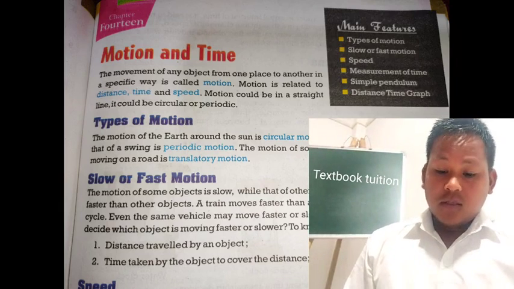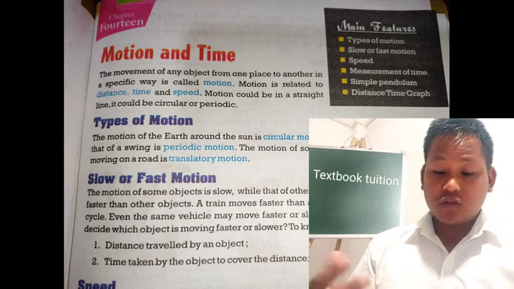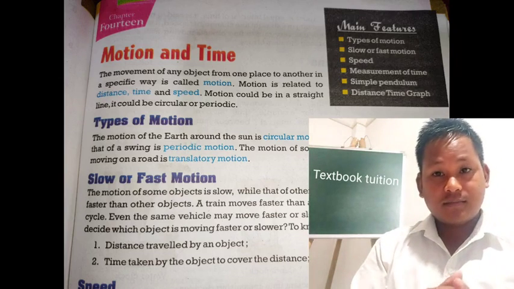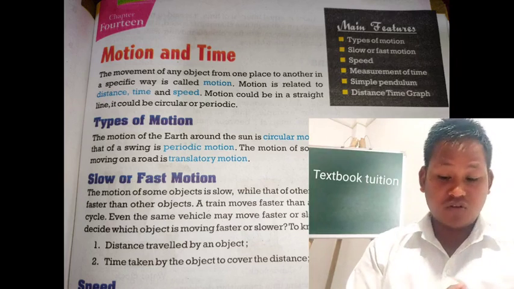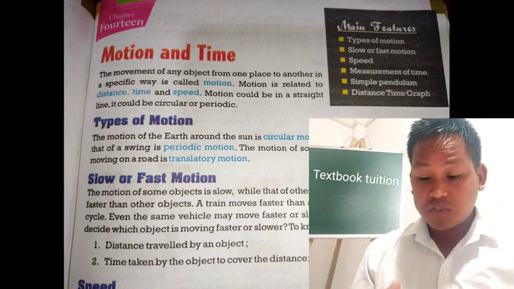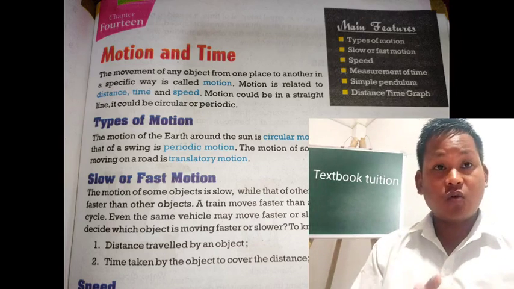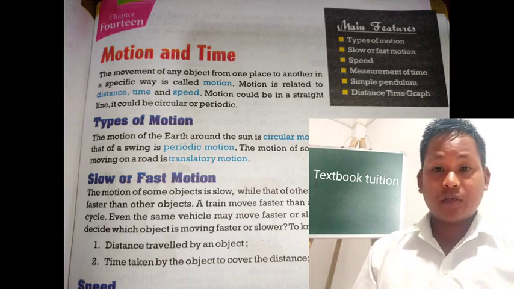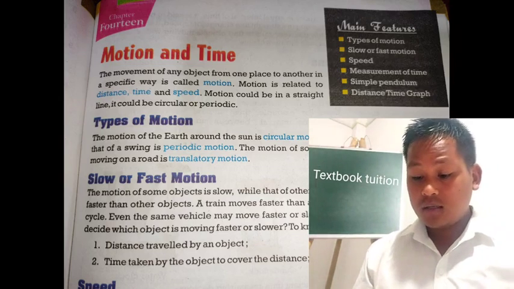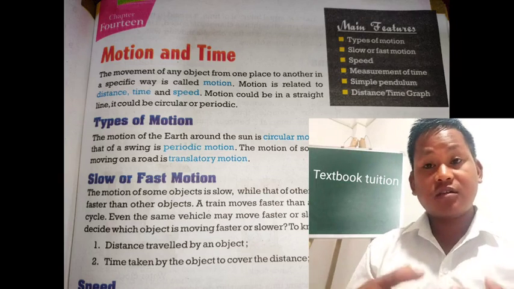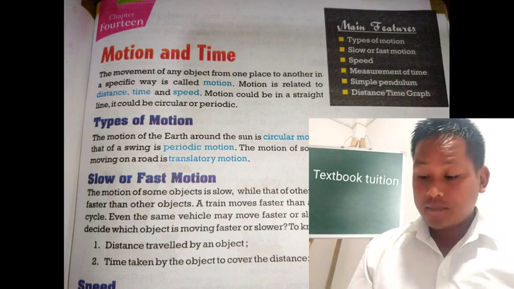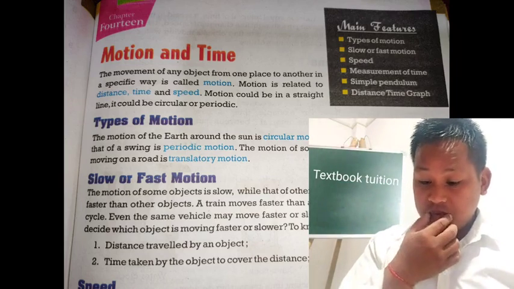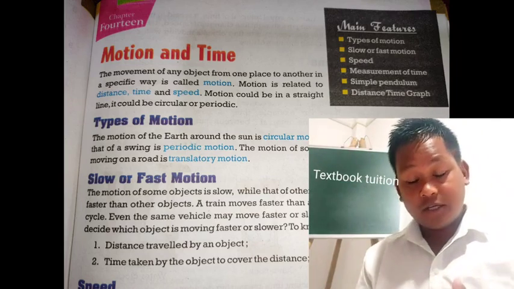Now, the motion or movement could be slow or fast. The motion of some objects is slow, some objects move very slowly, while that of other objects is fast. Some objects move faster than other objects.